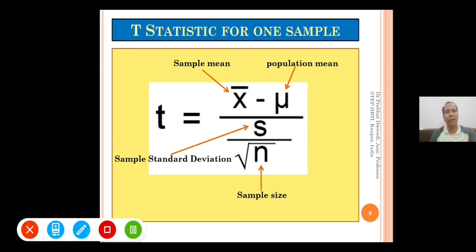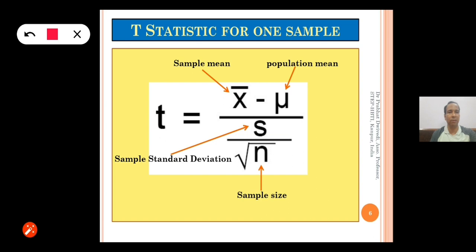So sample mean minus population mean. This is the difference I told you about earlier: test statistic is equal to difference upon standard error.